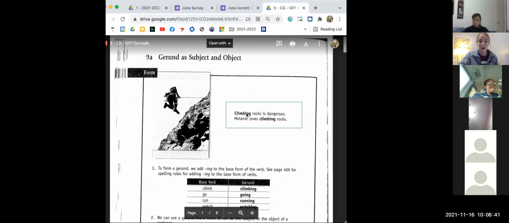Here it is the subject of the sentence, climbing rocks. And here it is the object, receiving the action of the verb. To form the gerund, we add ing to the base form of the verb. We follow the same spelling rules that we do any other time we add ing to a verb.